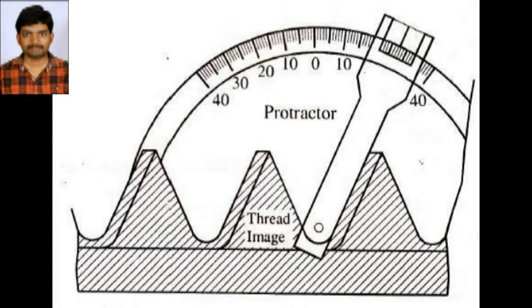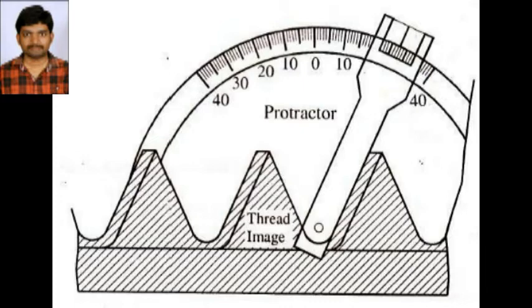Generally, the modern projectors are equipped with work holding fixtures, the projection lamp and the lenses situated on the top of the cabinet, and the screen at the front. The light rays from the lens are directed into the cabinet and hence to the screen by a system of prisms and mirrors.